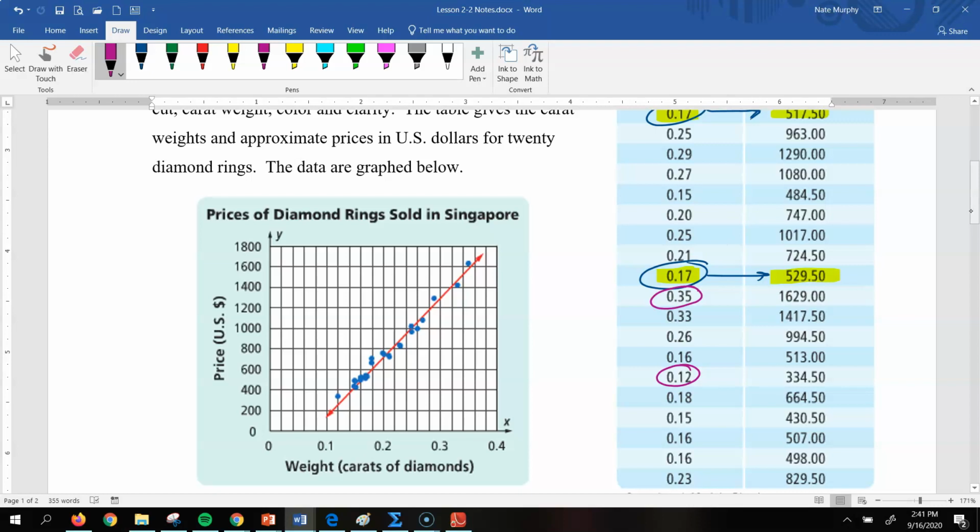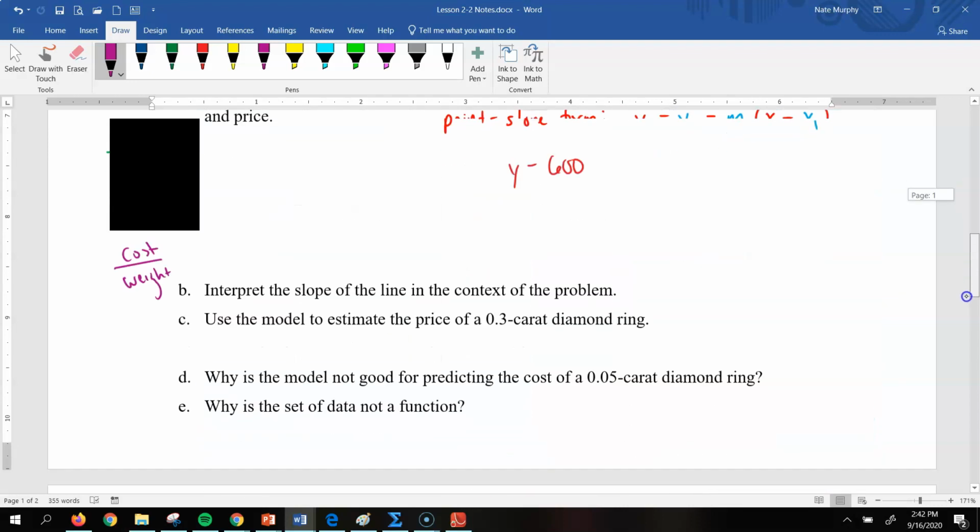Now, if I were to use a value for my carat weight that's bigger than 0.35, like 0.4, or even 0.05, that would be extrapolation, because now we're working with a number that's outside of any of the values that were in our table. So that's what we call extrapolation. If you're working outside of the biggest and smallest numbers, it's extrapolation. If you're working with a number inside of our smallest and biggest numbers, it's interpolation.